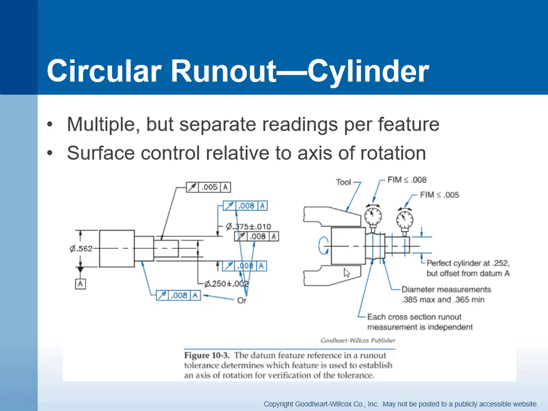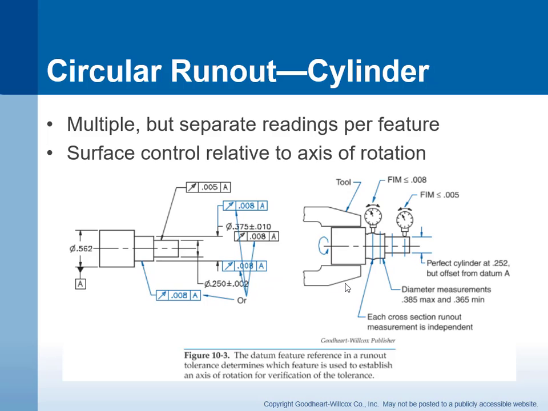The chuck will clamp on that diameter. Then we position our indicator on one of these circular elements, spin the part all the way around, and measure the full indicator movement. As long as it's less than 8 thousandths on the surface, it meets this 8 thousandths runout requirement.